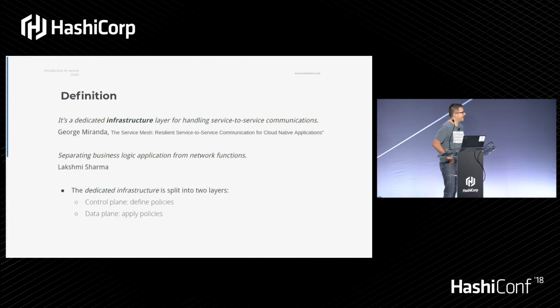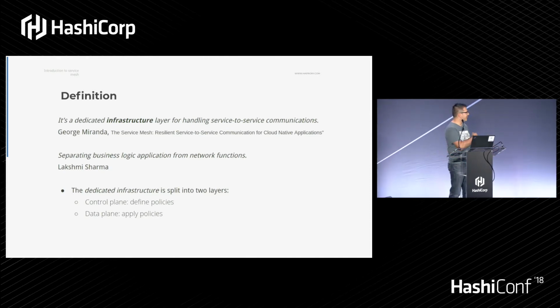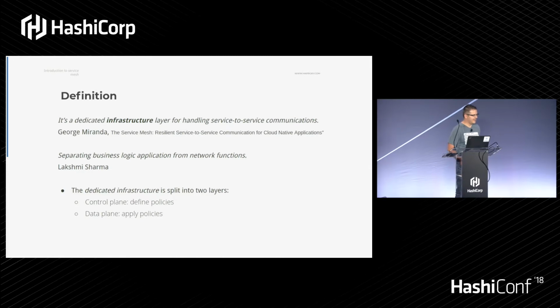So, basically, what is a service mesh? It's a dedicated infrastructure. We took the definition from Wikipedia, but I think the definition from Lakshmi was more interesting. She said that it's separating the business logic from the network functions.